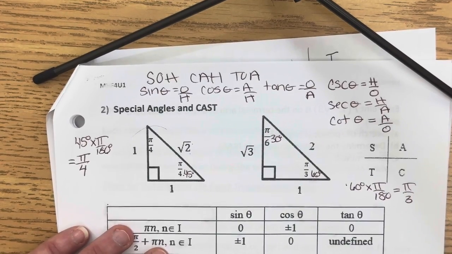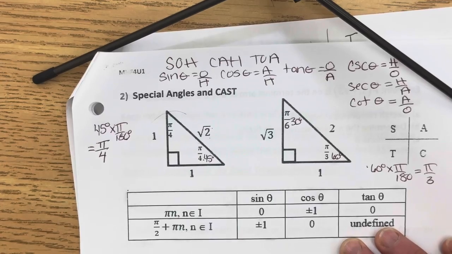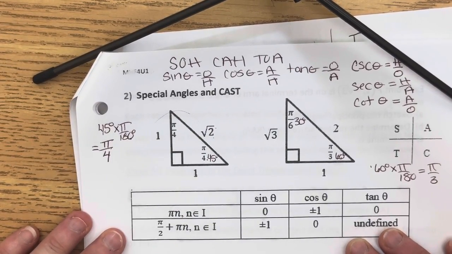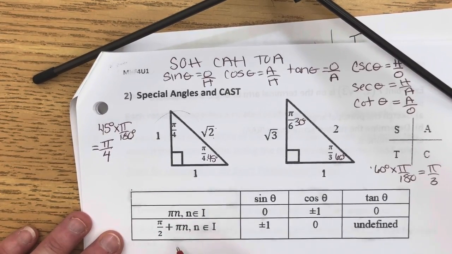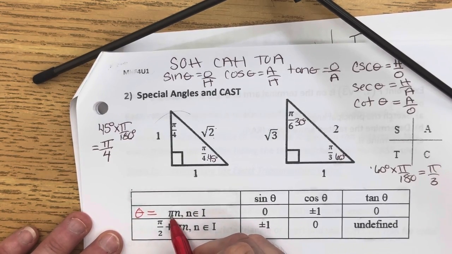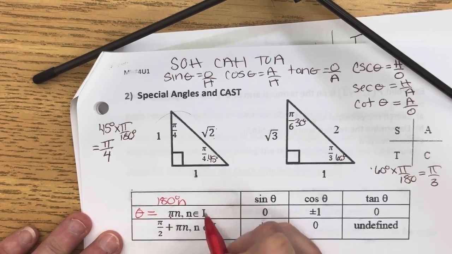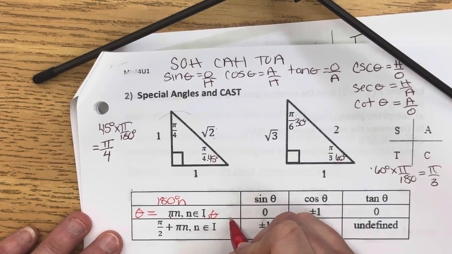We also talked about the special angles, and these fell on the x and y axes. Just to review, if you had theta equal to 180 degrees times n, where n is an element of the integers and theta is an element of the real numbers, so you're on the 180s.